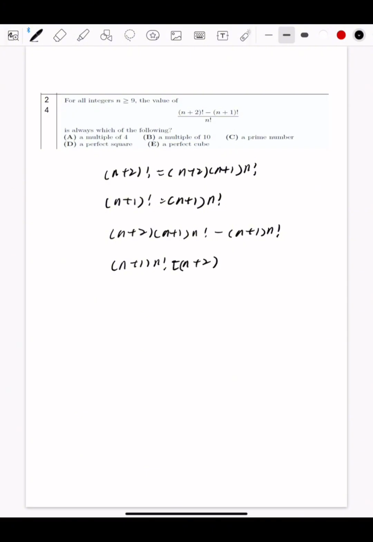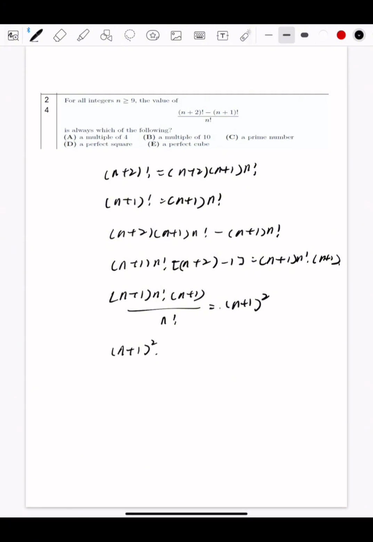This is on the left hand. And divide by n with the original one. And classify this square. It is a perfect square. Let's see. Yes, this one. It is a perfect square. So we choose D.